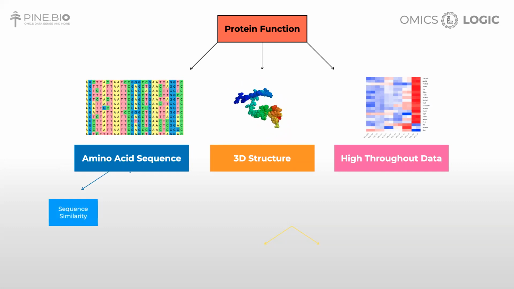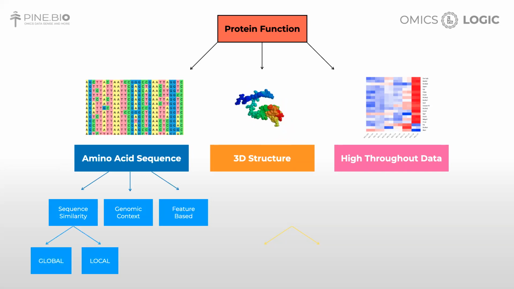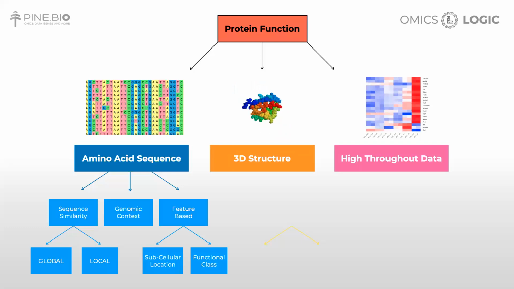So when we look at amino acid sequences, we really can look at sequence similarity, genomic context, or feature-based, right? For example, we can look at motifs. Those motifs could have some significance. We can look at global or local sequence similarity between different amino acid sequences. And we can also look at genomic context, right?